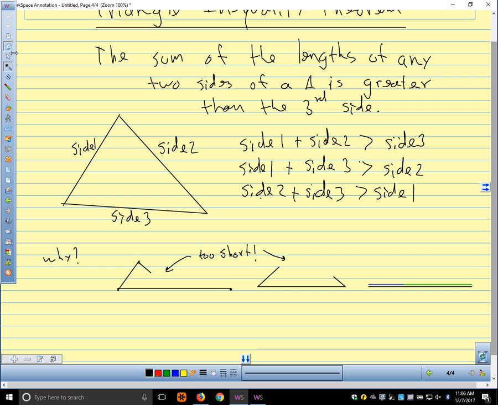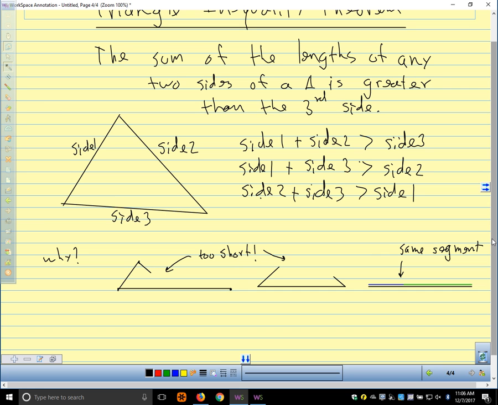So we just get two segments on top of each other. So we get the same segment. There's not enough space there to pull those up to make a triangle. So that's why it has to be greater than. Otherwise, they're too short to connect, or we just get two segments that we can lay right on top of the third segment, and we can't make an angle. There's not enough stuff there to make an angle.